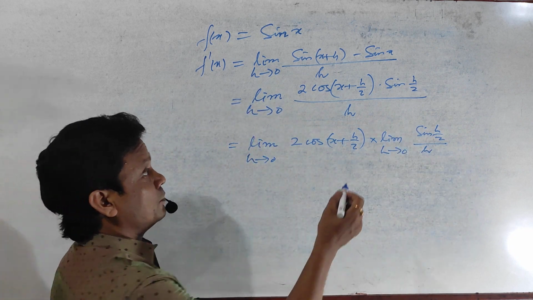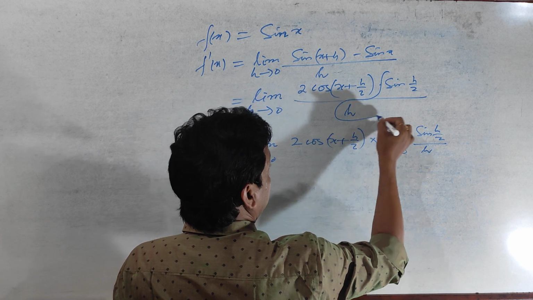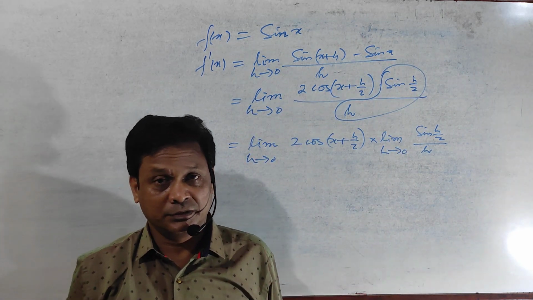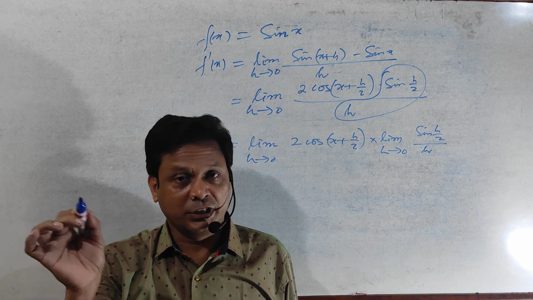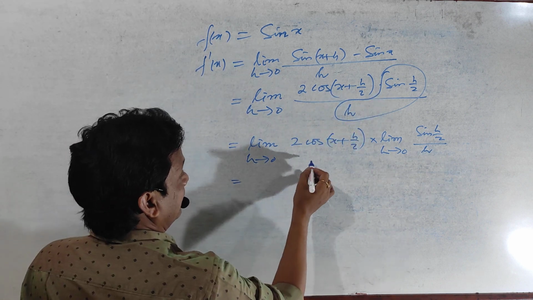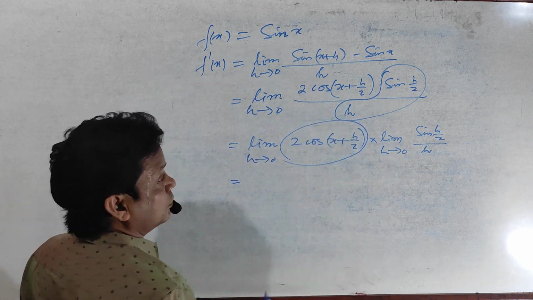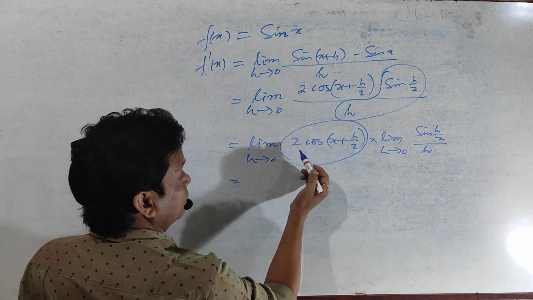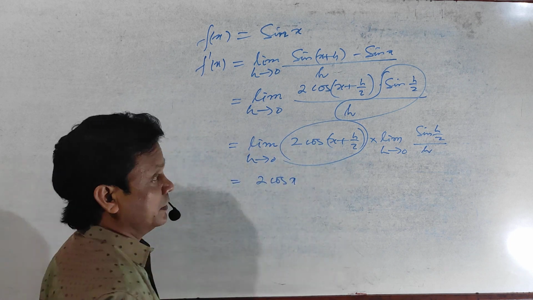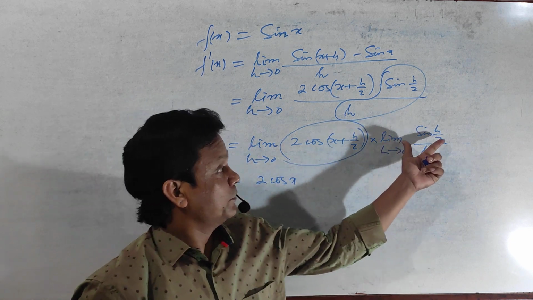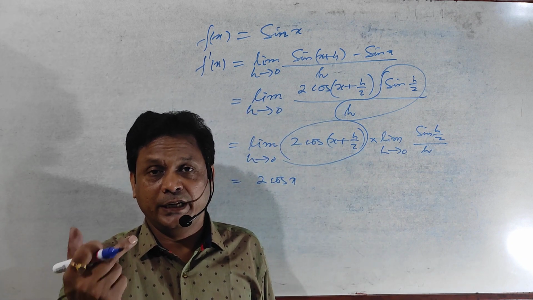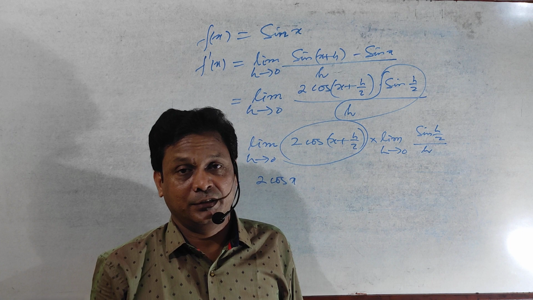I have separated this part because there is a formula for sin theta by theta. There is no formula for cos theta by theta. That is why I have separated cos from this one. So put directly h is equal to 0 here. That means 2 cos x for this part. And for the second part, I have told you limit x tends to 0 of sin ax by x will be a.